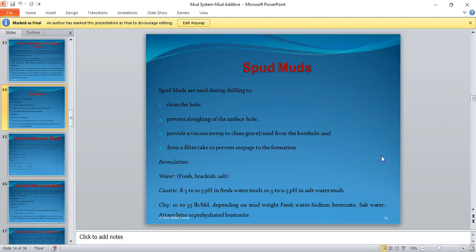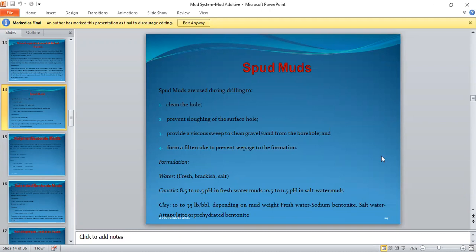10 to 30 pounds per barrel. Now, 30 pounds per barrel is a form of concentration. What amount of clay are we putting in one barrel? 30 pounds, 10 pounds, depending on the kind of formation you're going to drill and the geological area.